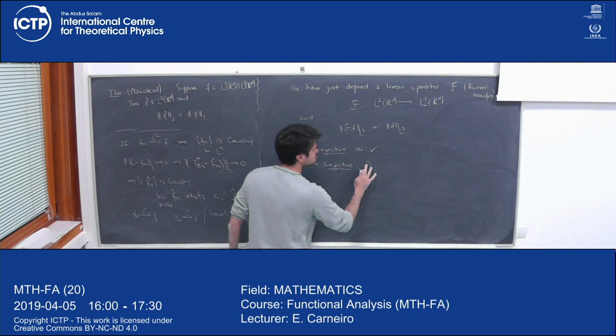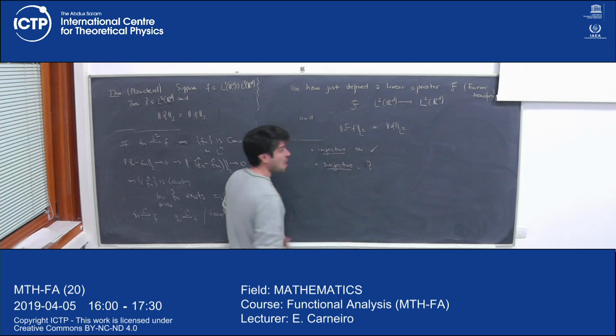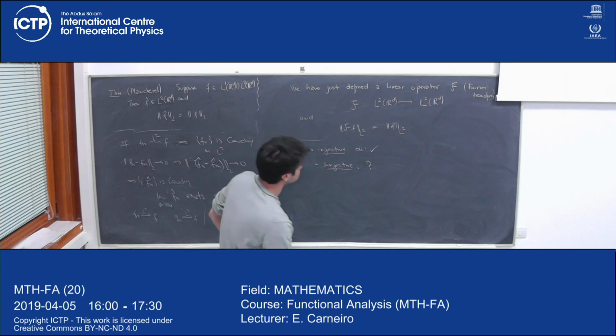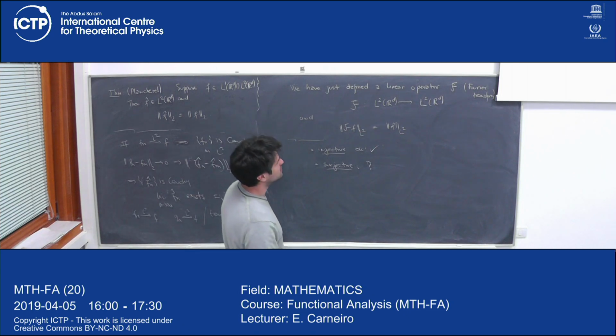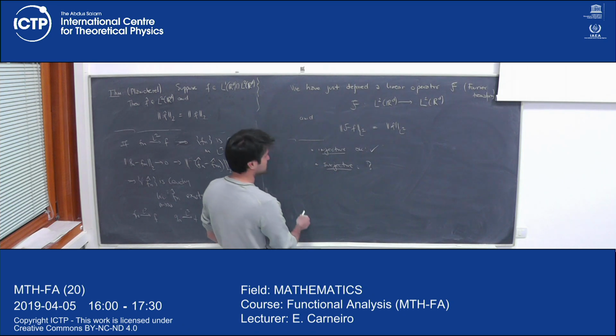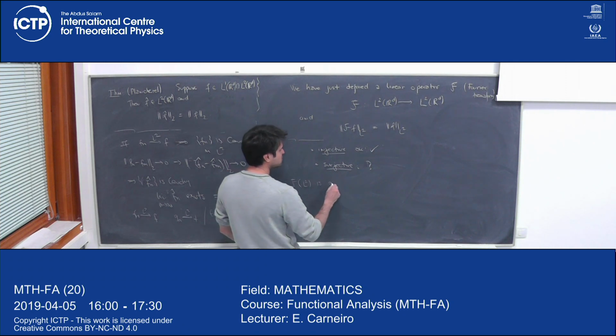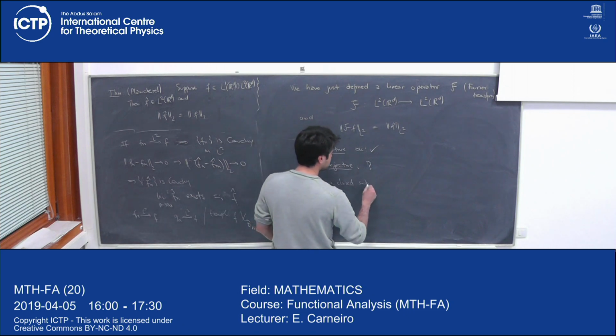How do we prove that this map is surjective? If I'm given g, let's take the Fourier transform of g, and this goes back to the original. Hopefully, that's one way to do it. It's not much harder, but let's see if we can do a little bit of functional analysis here. So let's say F of L2 is a closed subspace.